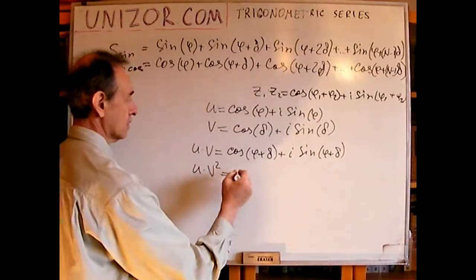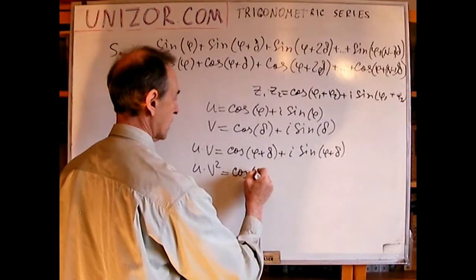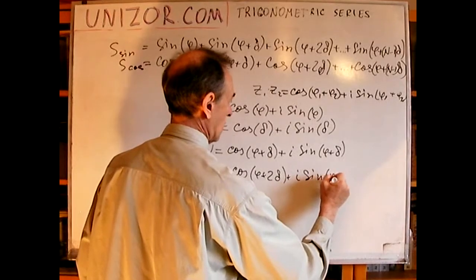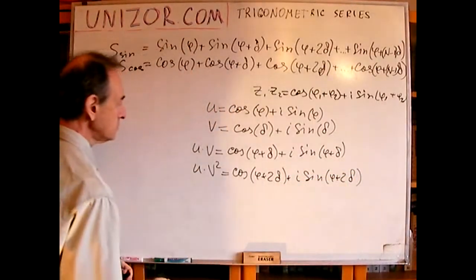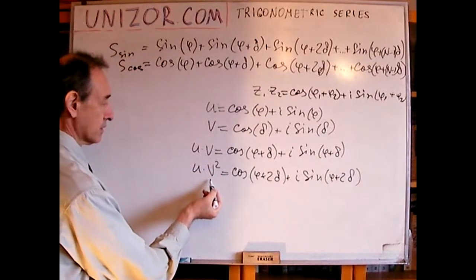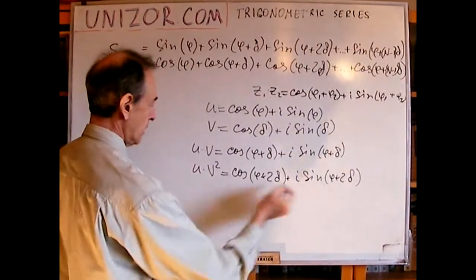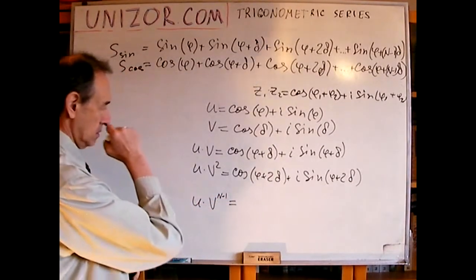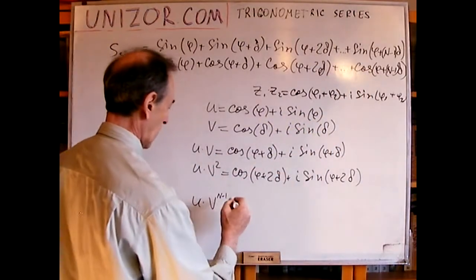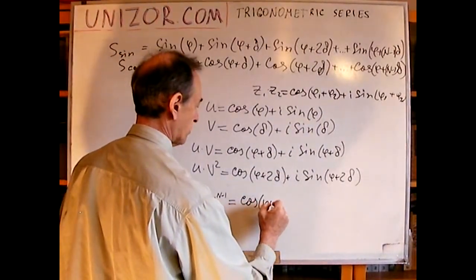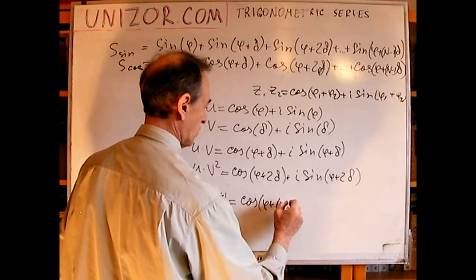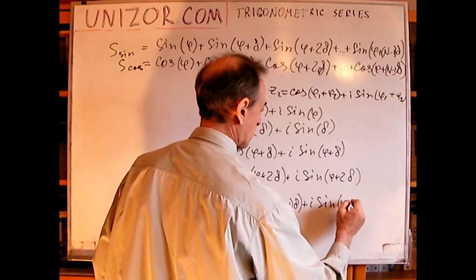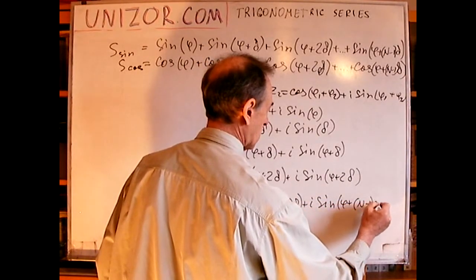Again, my angles will be added together. Obviously, if I put the third power, it would be 3, and if I have power of n minus 1, I will have cosine of phi plus (n minus 1) delta plus i sine of phi plus (n minus 1) delta.